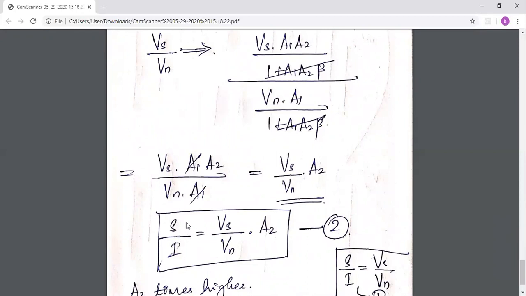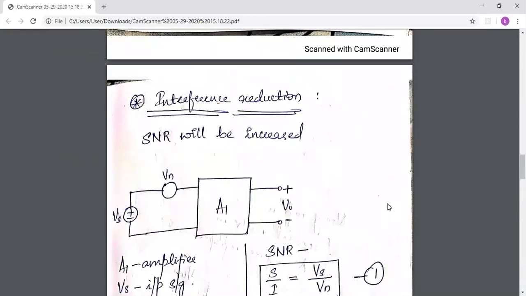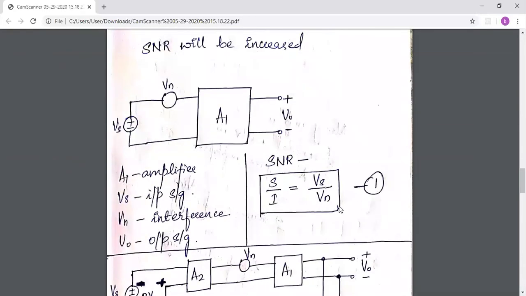The signal to noise ratio is equal to Vs by Vn into A2. Previously, the signal to noise ratio was Vs by Vn, isn't it? For a good operating system, the signal to noise ratio must be high. Keep this in mind, and now let's analyze.